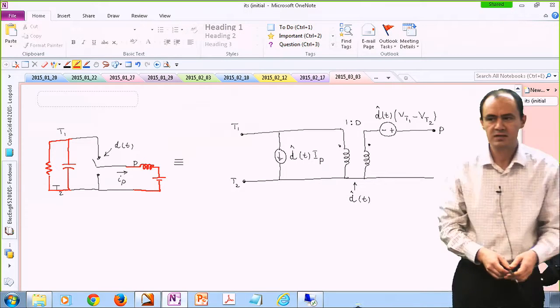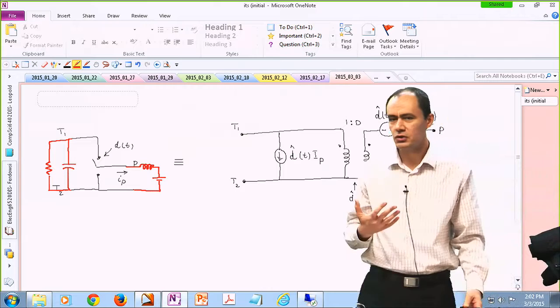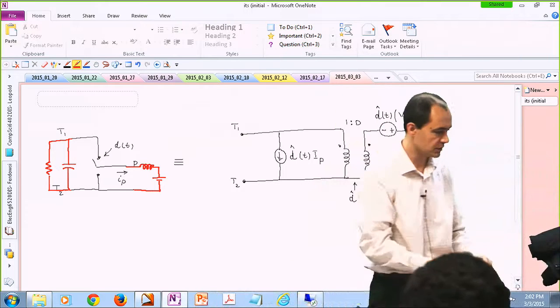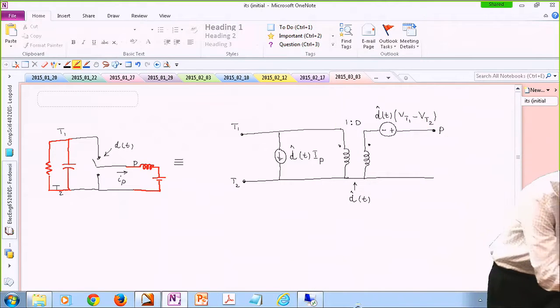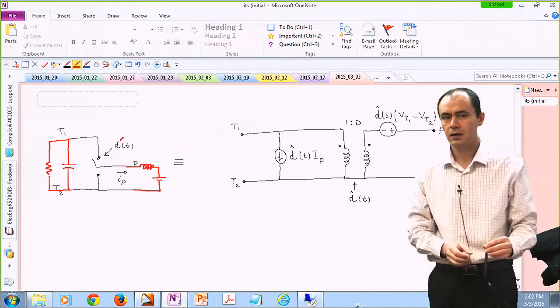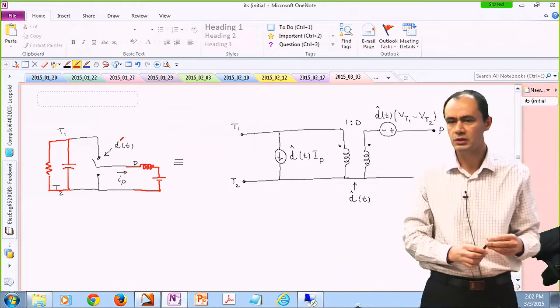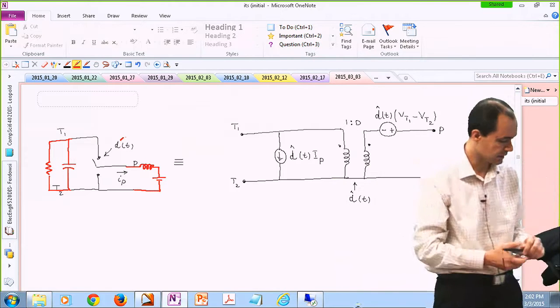All right. For instance, let's say you are looking at the boost converter. You identify the single pole double throw switch. The only thing is, the command that is applied to the top switch turns out to be D prime, not D, okay?